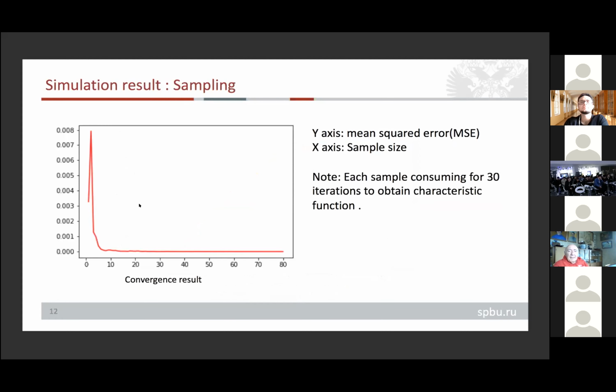For sampling, here is the convergence diagram. Y is the mean squared error, X is the sampling size, and each sampling size consumes 30 iterations. So using sampling, we can get convergence in about 300 to 600 iterations. It's quite fast compared with the original solution.